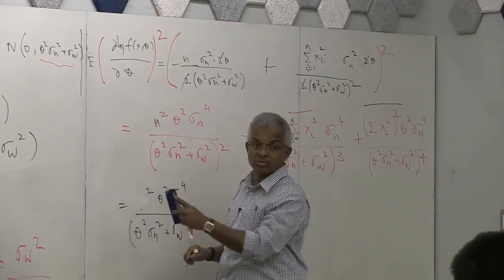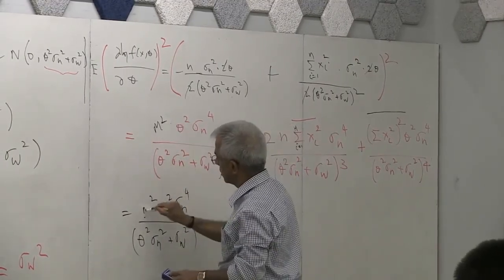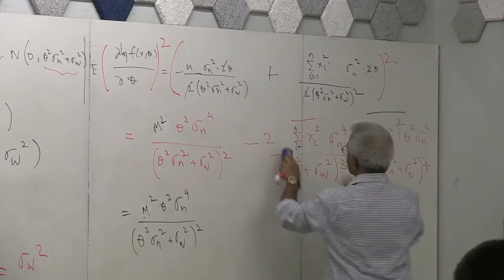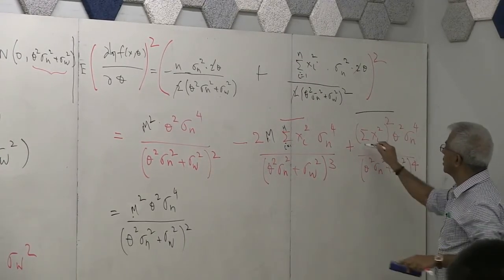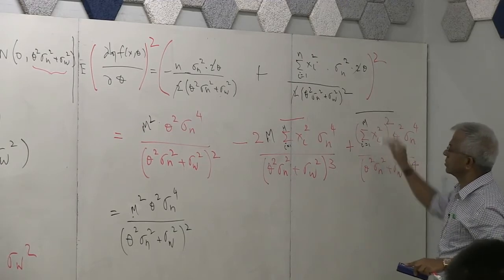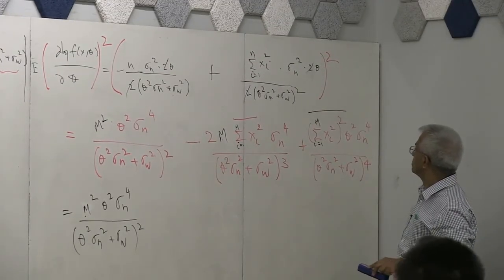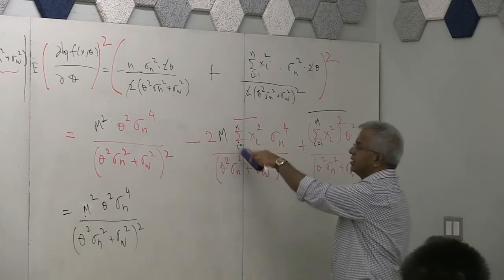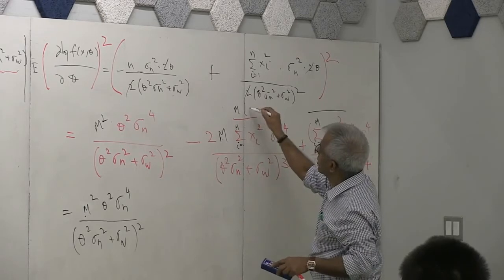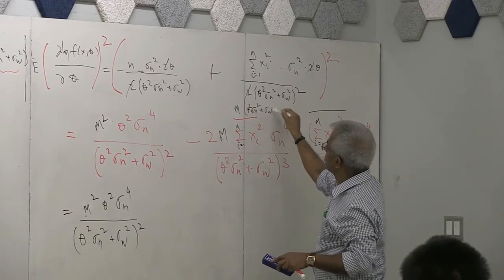Then this is your m, the number of observations, right? Is that what you got confused about? So this is m squared. This is the number of observations, i equal to 1 through m. All right, look at here. If I did it right, this is m multiplied by theta squared sigma n squared plus sigma w squared.